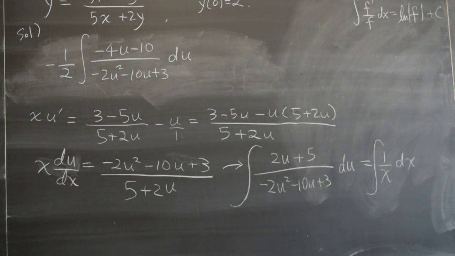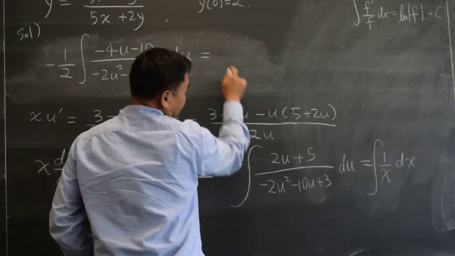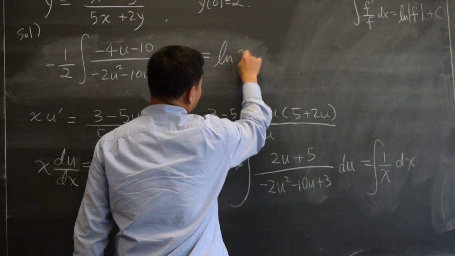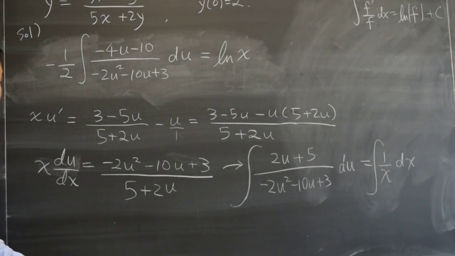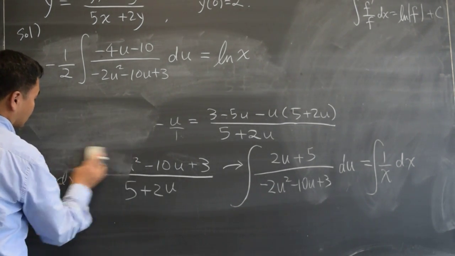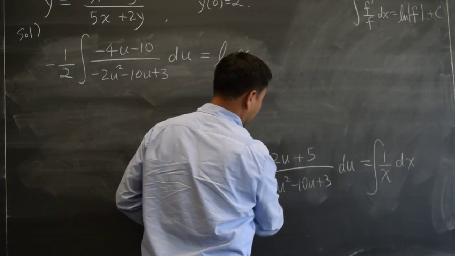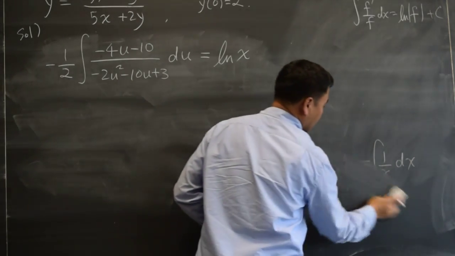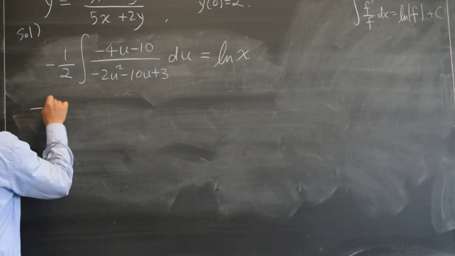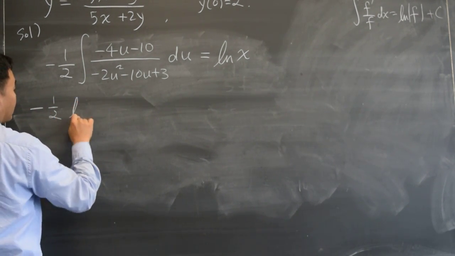Okay? So I just rewrote the left side into this format, and on the right side this is just ln of x. The integral is ln of x. And I get negative 1/2 ln of the denominator.